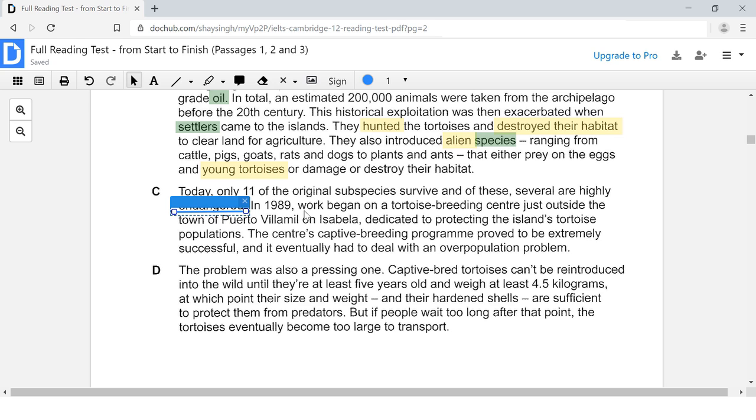Next sentence says, "In 1989, work began on a tortoise breeding center just outside the town of Puerto Villamil on Isabela, dedicated to protecting the island's tortoise populations." Okay, so here it is talking about how we began to work on something so that we could protect the island's tortoise populations. We wanted to save them, protect them, conserve them.